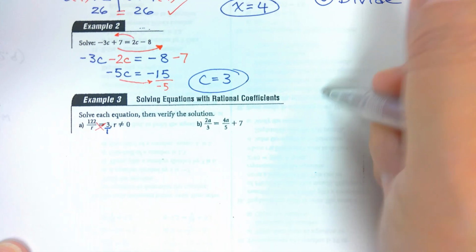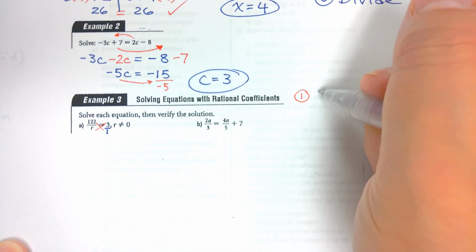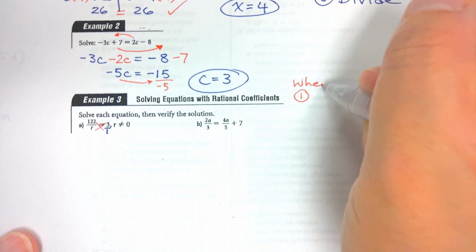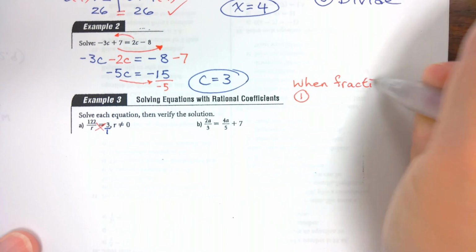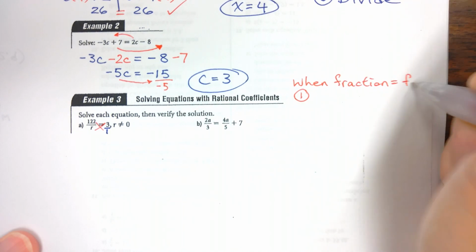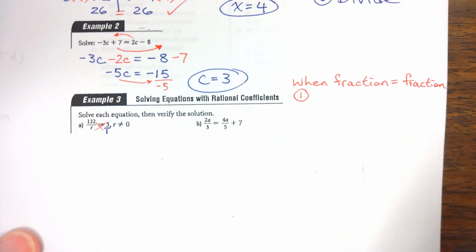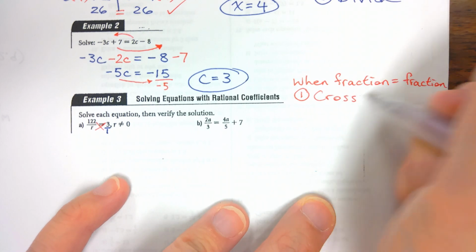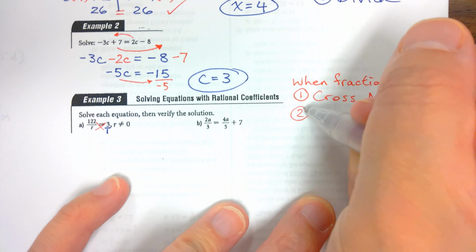So another method with fractions is, when a fraction equals another fraction, you can cross multiply and then divide.